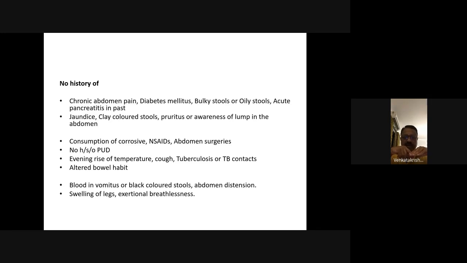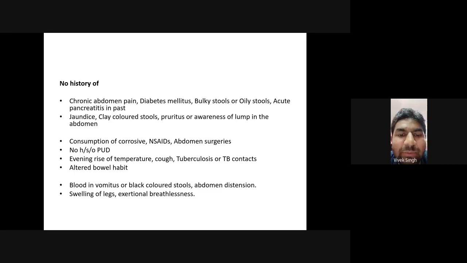I don't think the pain history needs to be here; this has to probably come in the past history. Bowel symptoms also. All these things have to be completed before you go for a negative history.